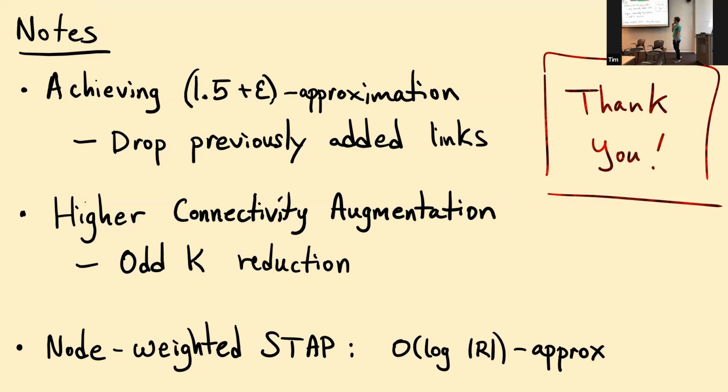So the only thing that is known for TAP is that it's APX-hard. I don't know the exact constant, but there is a constant so that you can't approximate it below that constant. And it's also NP-hard on a good number of pretty special cases.